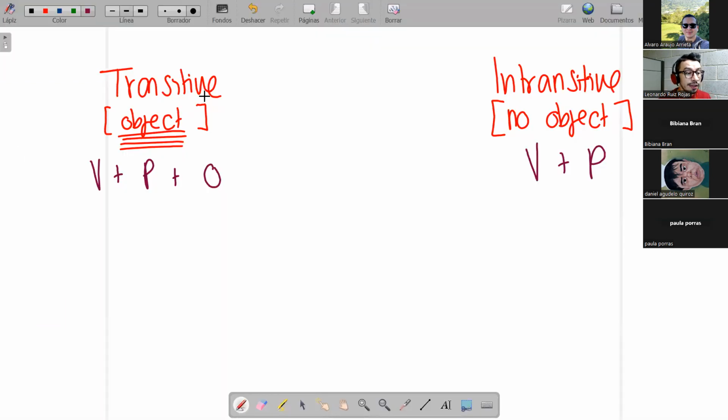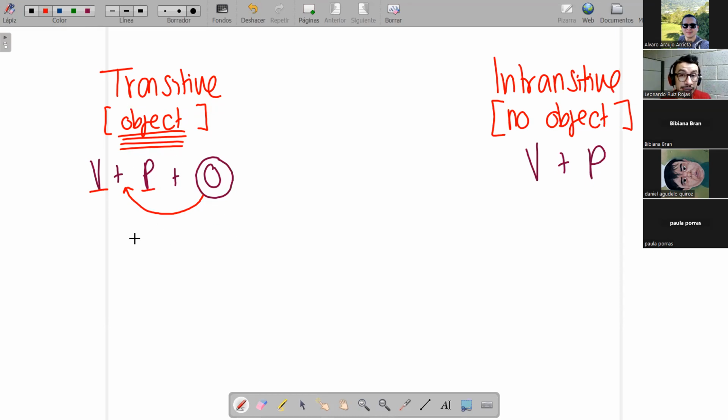Listo. Ahora, the transitive verbs are going to be divided into subcategories. Sometimes the object, it's a possibility that the object can go in the middle of the two parts. It's a possibility, or sometimes it's not a possibility.